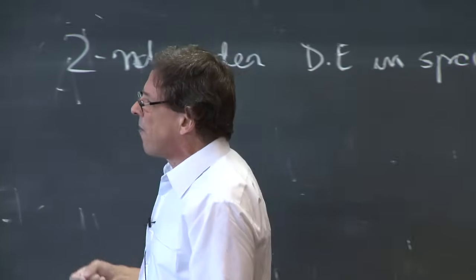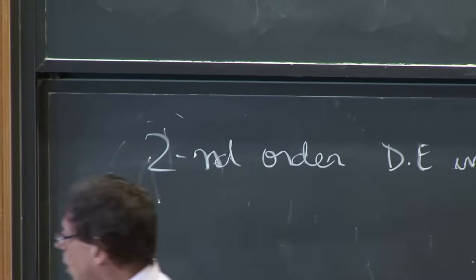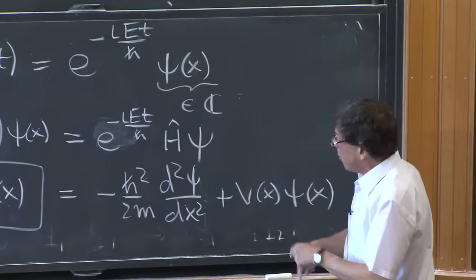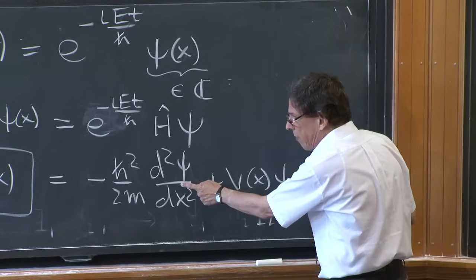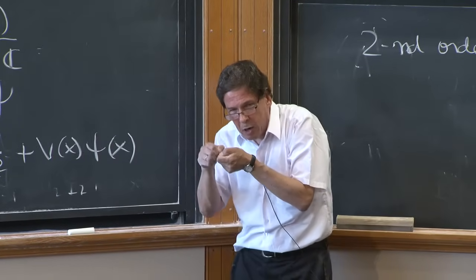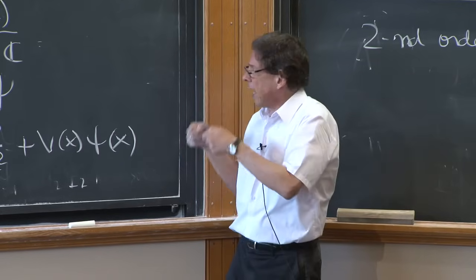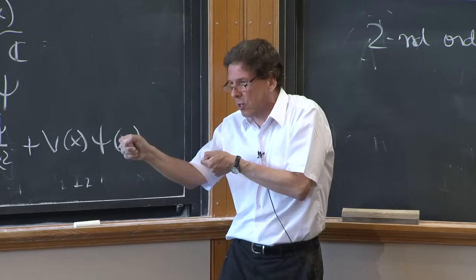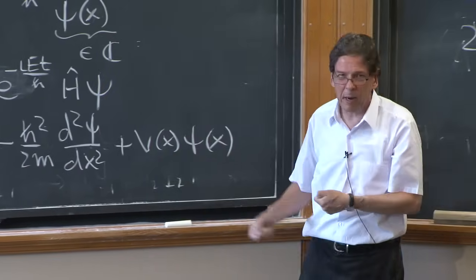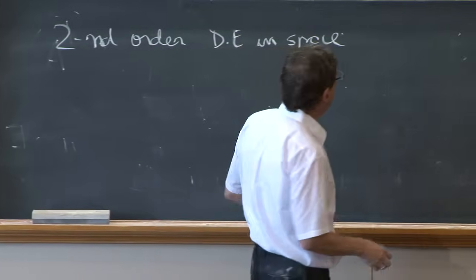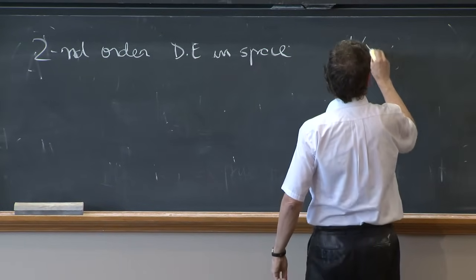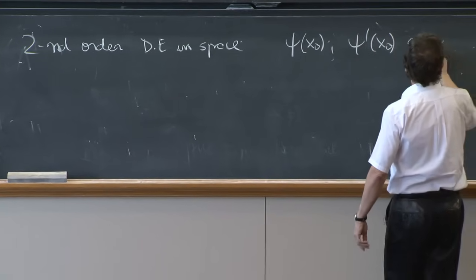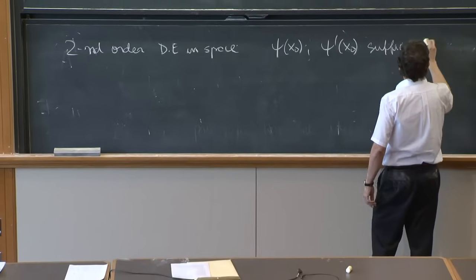If you know the wave function and the derivative at the point, you go to the equation and say, I know the wave function and the first derivative, then I know the second derivative. So a little later, I can know what the first derivative is, and then I can know what the wave function is a little later, and you just integrate it numerically. So you just need to know the wave function psi of x0 and psi prime at x0 to suffice for a solution.